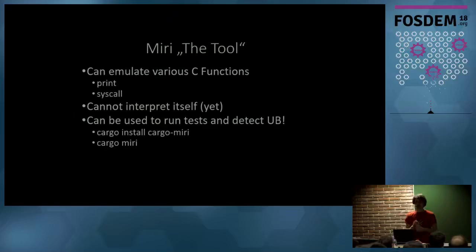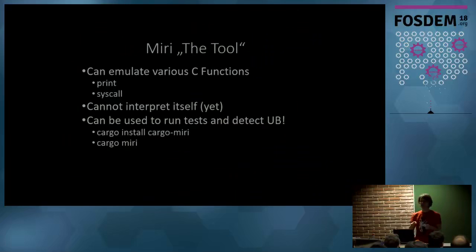But what you can do instead with Miri, the tool, is, well, you have a test suite, and you're getting undefined behavior somewhere, you don't know where. So you just run cargo miri instead of cargo test, and it'll run all your tests with Miri through the const evaluator. So if you do any undefined behavior, it'll just stop and tell you, this test at this line of code is doing undefined behavior. And to top that off, it'll print a stack trace.